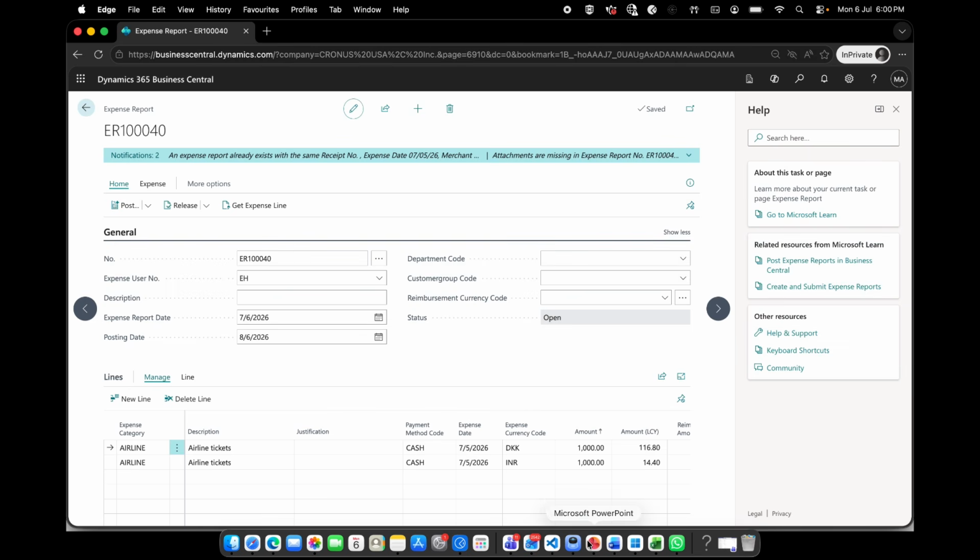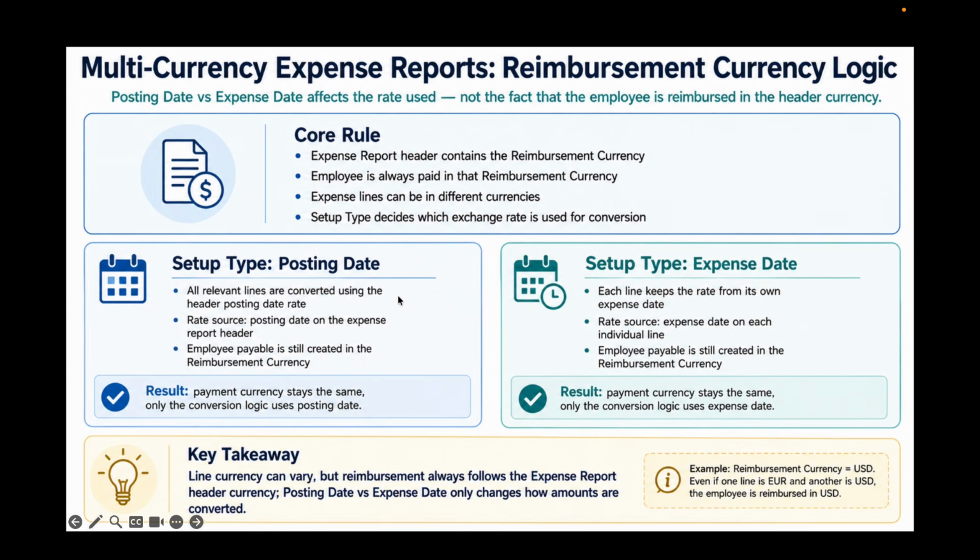If you try to see the core rules: the expense report header contains the reimbursement currency. The employee will always be paid in the reimbursement currency that you have selected on the header. Expense lines can have different currencies.